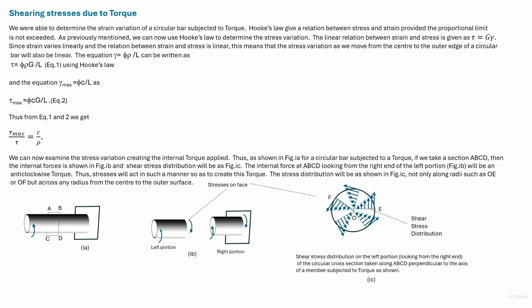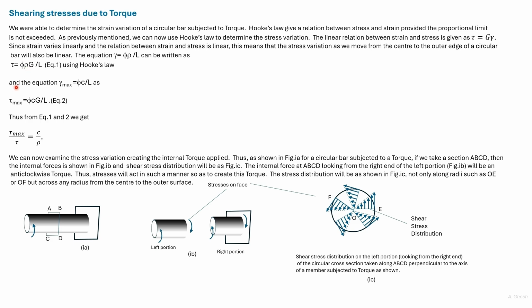So tau here is given as G into gamma, as explained. The relation we earlier found for strain was phi into rho divided by L. Now if we put this equation into Hooke's law, then we get tau is equal to phi rho G divided by L.